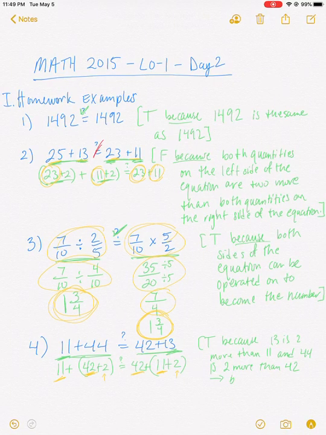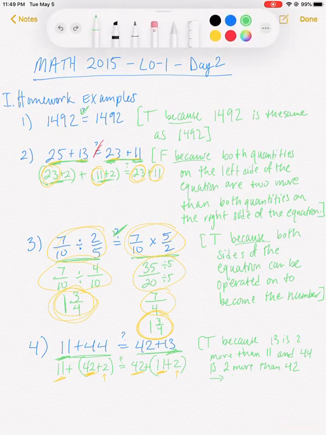The equation is balanced. Okay. And we'll talk more about that learning outcome too, about keeping the equations balanced as we work on them. Okay, so the equation is balanced, and that means that is true. Okay, think of it as a pan balance. Okay, where one side has weights on it and the other side has weights on it, and they're balanced.